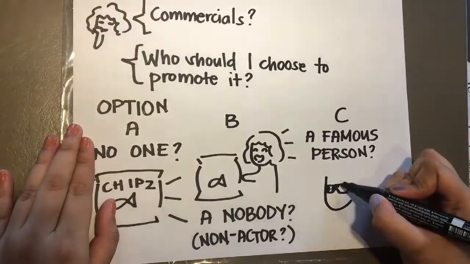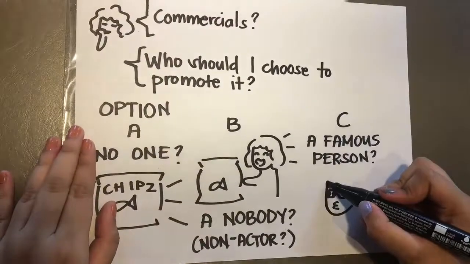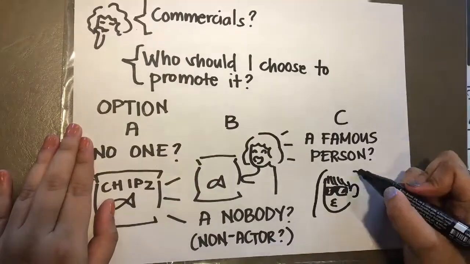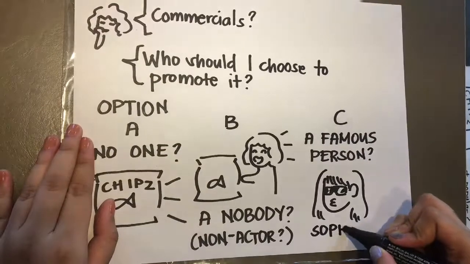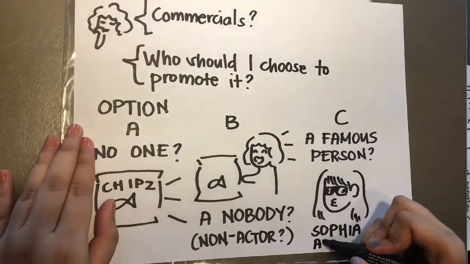Or should she go with option C? Should she hire a famous person to promote it? Someone famous like Sophia Andres?